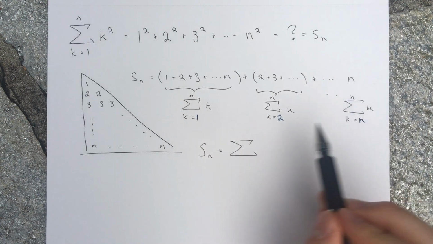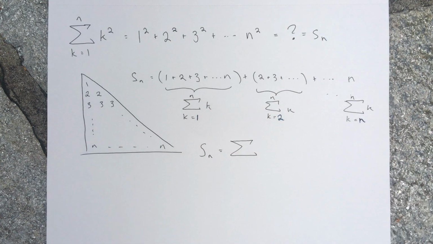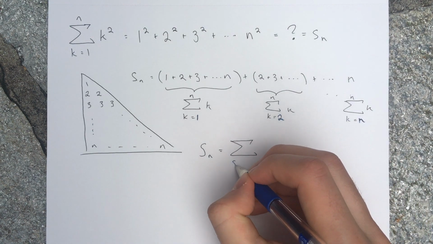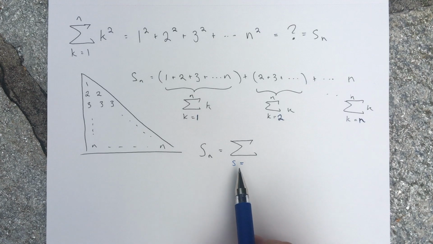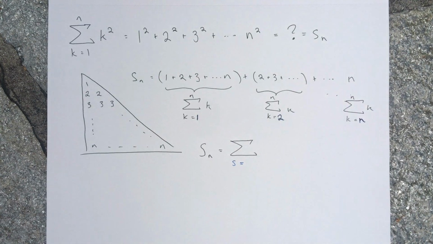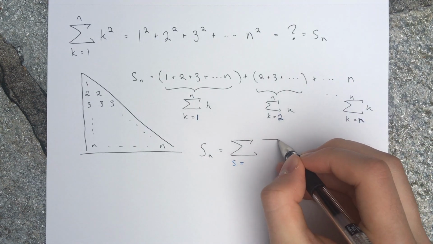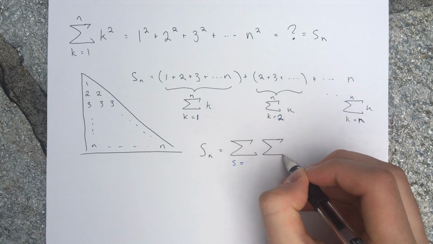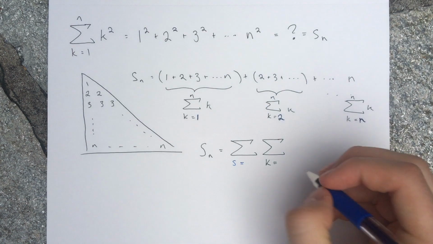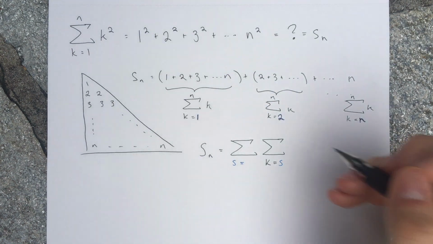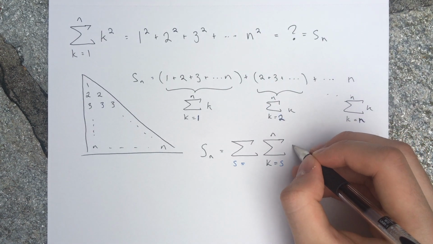So this starting point, let's call it s. So we'll have s equals something, starts at something and ends at something else. And we're going from k is s until n.